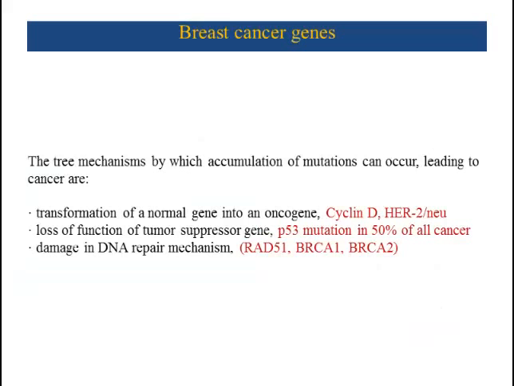So the three mechanisms by which accumulated mutations can occur leading to cancer are transformation of a normal gene into an oncogene, some examples of these are cyclin D or HER; loss of function of a tumor suppressor gene, p53 mutation is responsible for about 50% of all cancers, so when p53 is mutated, it leads to a lot of phosphorylation.